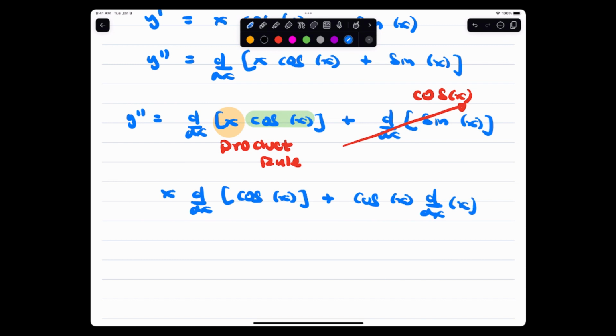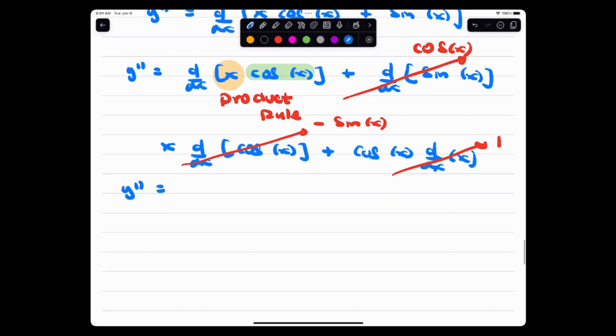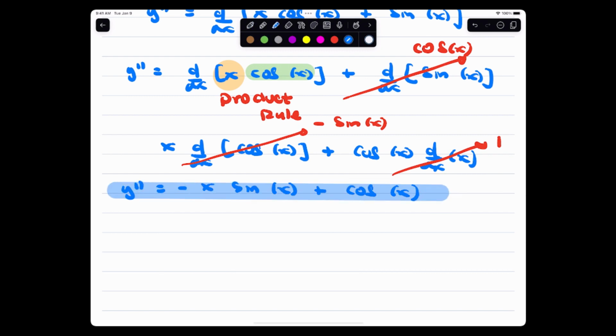X. So what's the derivative of cosine? Negative sine. What's the derivative of x? 1. So it looks like this is negative x sine x plus what? Cosine x. There you go. Easy peasy, lemon squeezy.